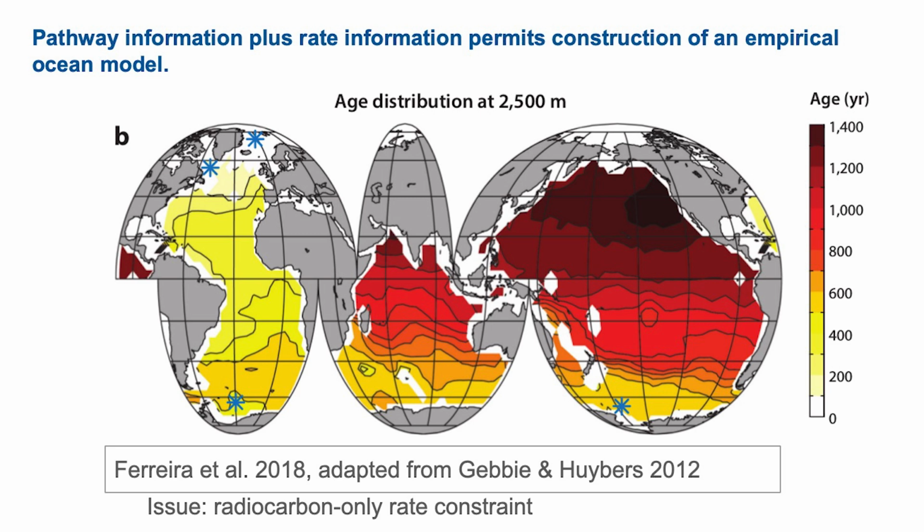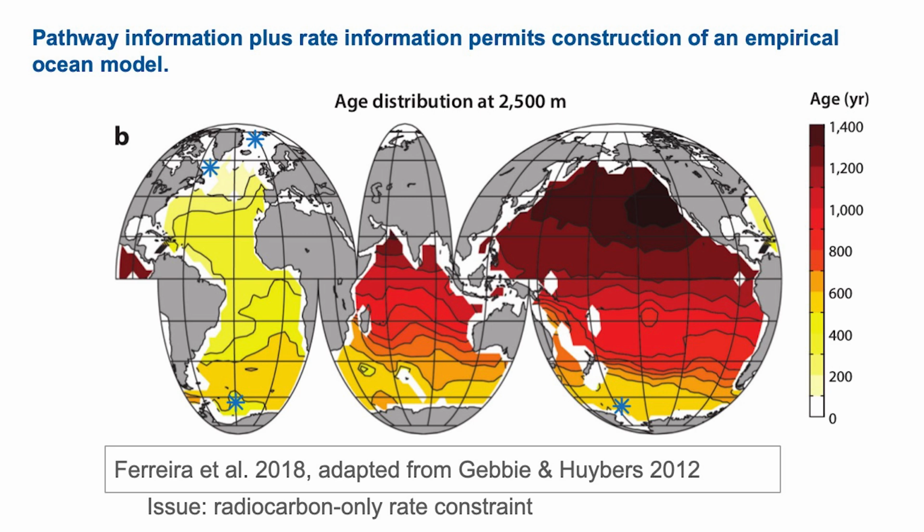It's actually enough information to figure out both where water is going and how long it takes to get there. So the pathways part is basically including advective and diffusive processes. You might consider that just the unresolved advective processes as well. And then rate information. And you can come up with, in this case, an age distribution at 2.5 kilometers depth. So definitely talking deep ocean for this audience here.